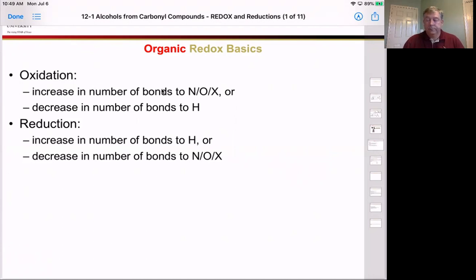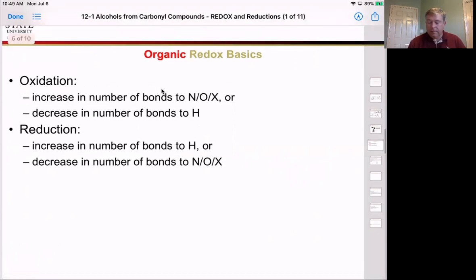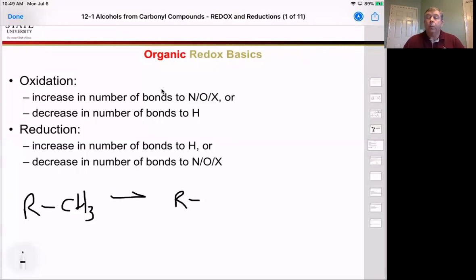Okay, so for example, if we start with a general organic molecule with 3 hydrogens at the end of our chain here, we can oxidize this down to our first oxidized state, which is removing one of those hydrogens and increasing our bonding to oxygen by 1, giving us our primary alcohol.